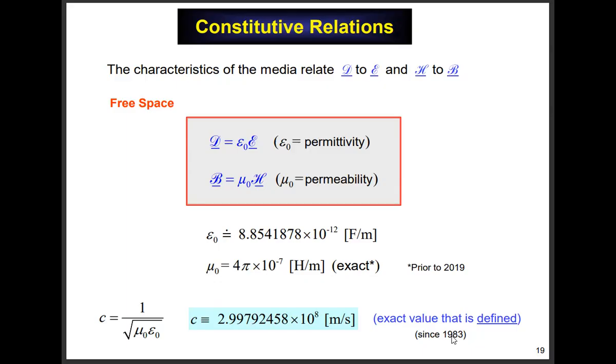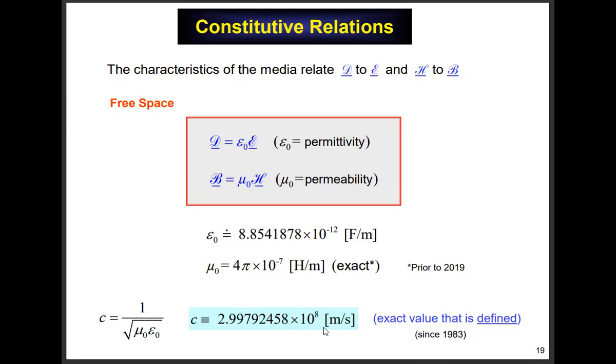We're getting tired of this. Let's define the speed of light to be this exact number. They took the most accurate value they had at the time that they could measure, and they said, okay, from now on, this is going to be the exact speed of light. By that, I mean there are no more significant figures after the last digit. It stops. That number right there is the exact speed of light since 1983. And you might wonder how you can get away with that. Well, it just changes things around.